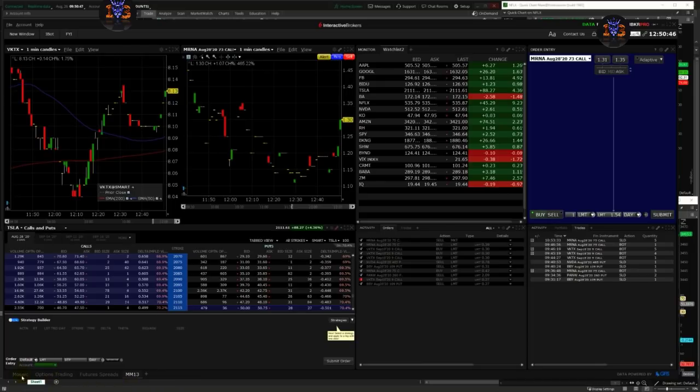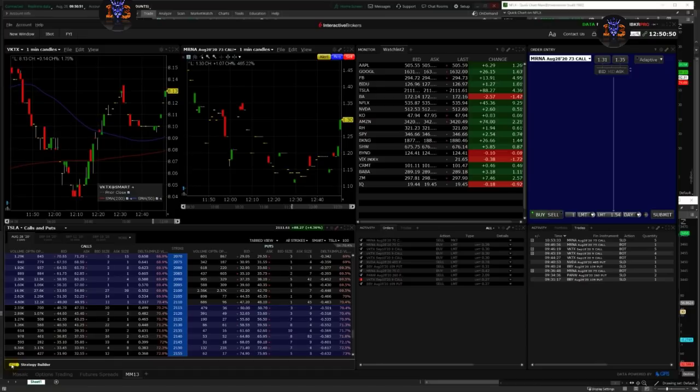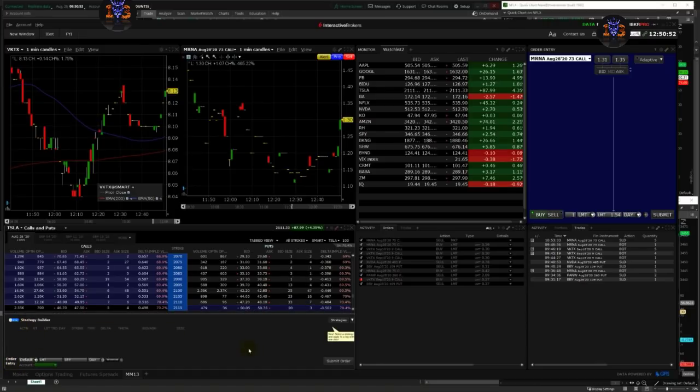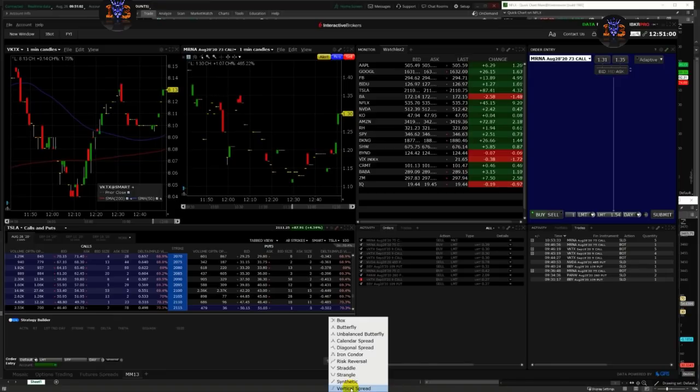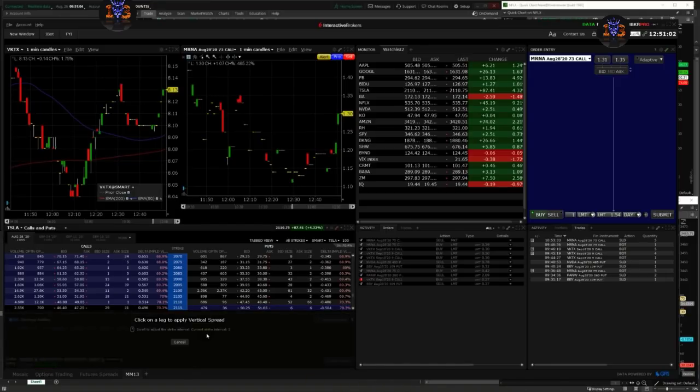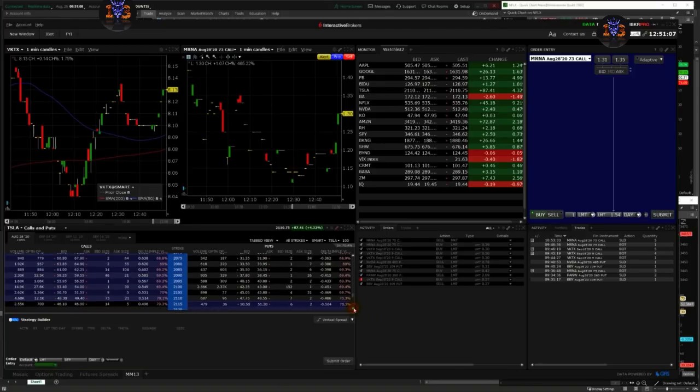We come down here and it says strategy builder on or off. If you turn it off, this is what happens. If you turn it on, this comes on. You can go to the strategies and then click down on it. You can do butterfly, and then we're going to click on vertical spread. It says click on a leg to apply vertical spread. So we're going to do that.